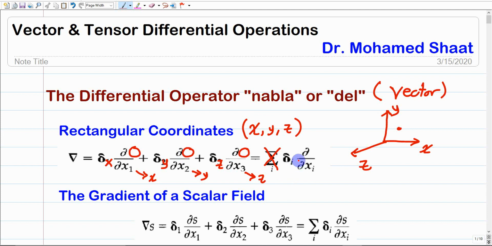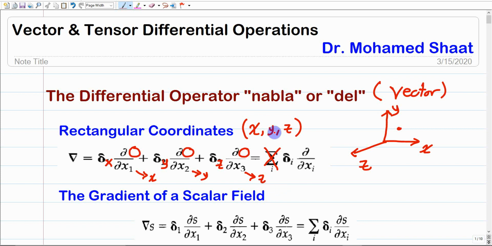And in the i direction, you're going to have the partial derivative with respect to xi, where in case i is x1, it's going to be the x coordinate. In case i is y, you're just going to replace it with y, and with z for z, as I'm going to show you later in the next slide.